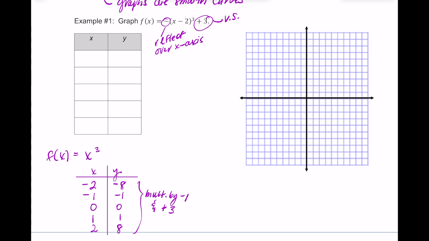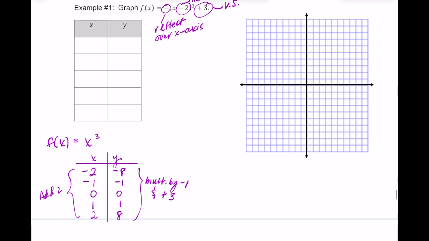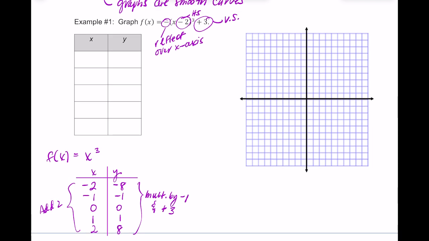And then the minus 2 is a horizontal shift, and it's going to go to the right 2, because my h value is really a positive 2. So I'm going to add 2 to all of the x values. Let's add the 2 to the x's first. Negative 2 plus 2 gives us 0.